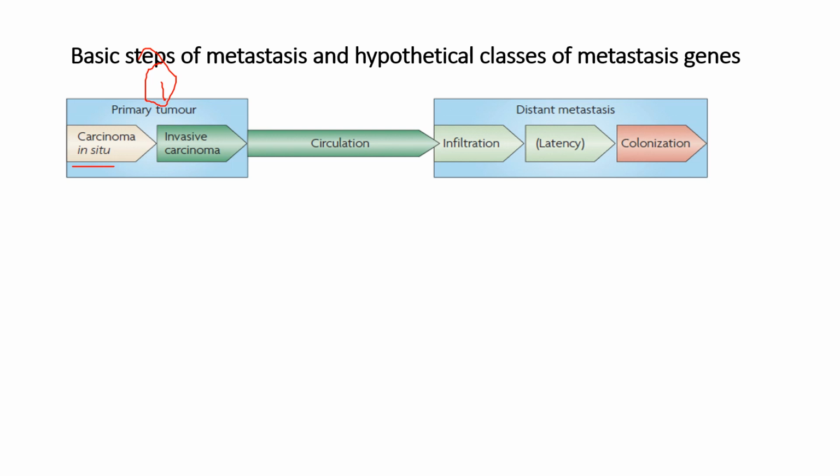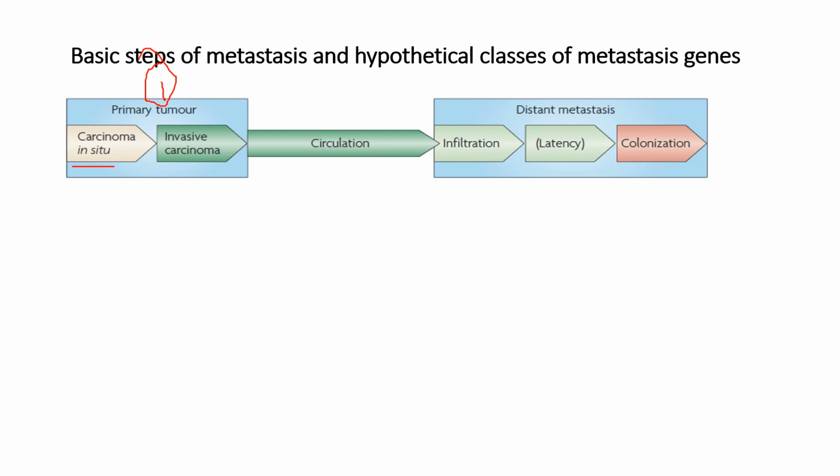I told you that it needs to start becoming disorganized, that there should be proliferation, that you start mixing cells with the stroma, that there should be angiogenesis, that there should be reduction of the cell adhesion, and a lot of this process happening. And to do that, you will require multiple mutations.